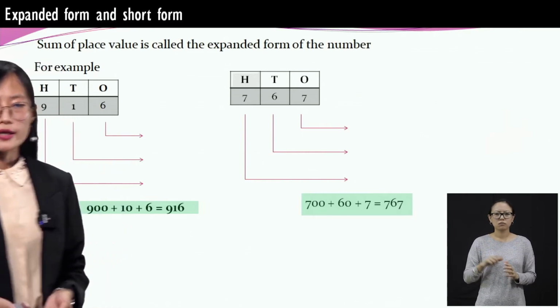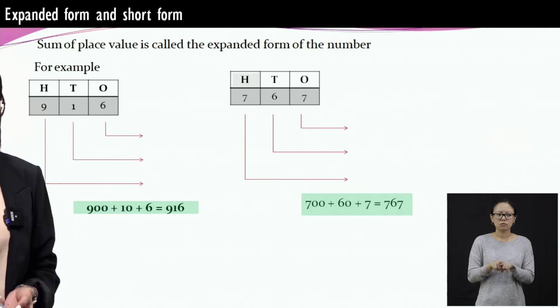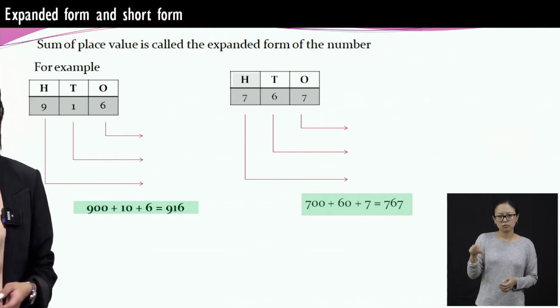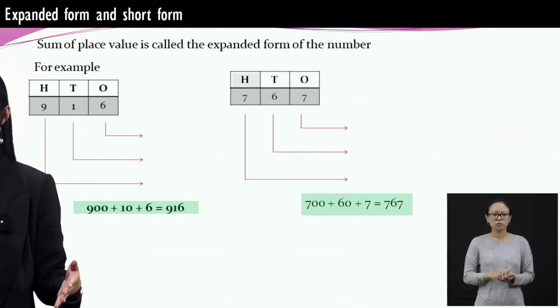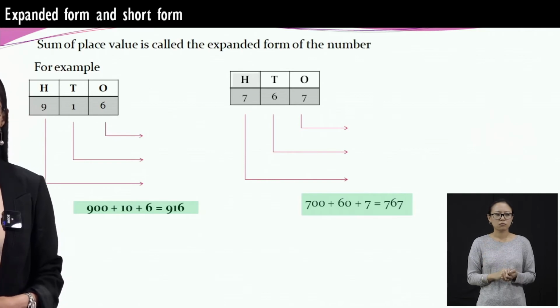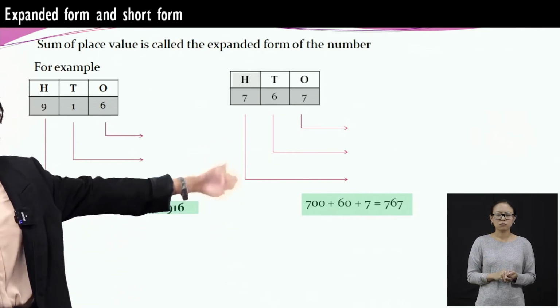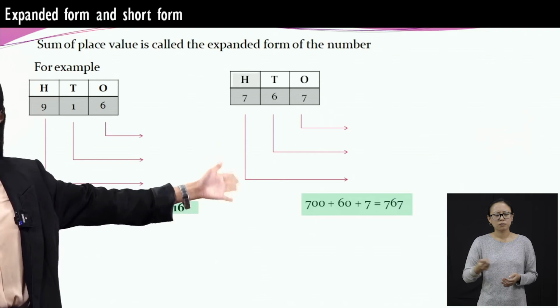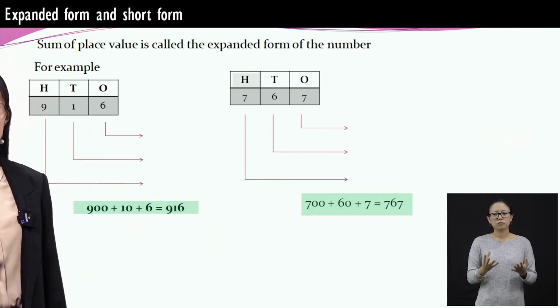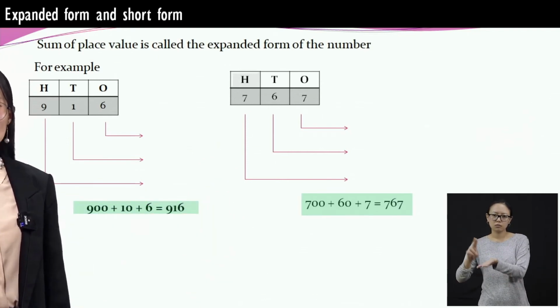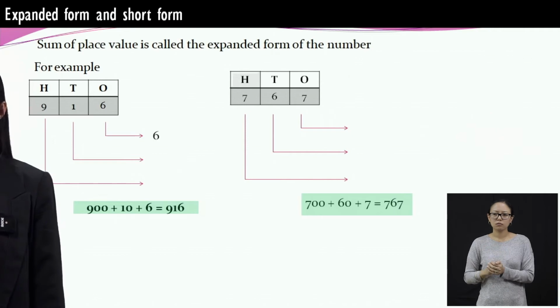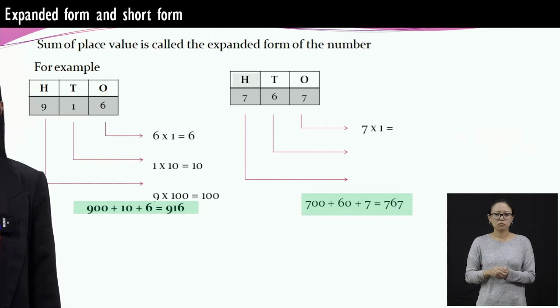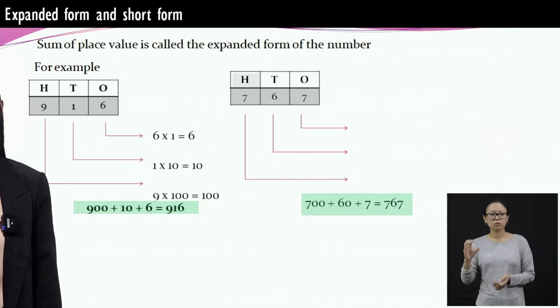The first example given is 916. How do you write this in expanded form? You will always start from the rightmost number, that is your ones. 6 is in the ones place, so multiply 6 by 1. 6 into 1 is 6.